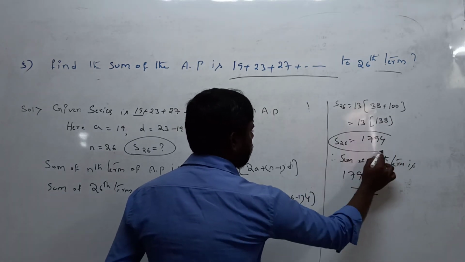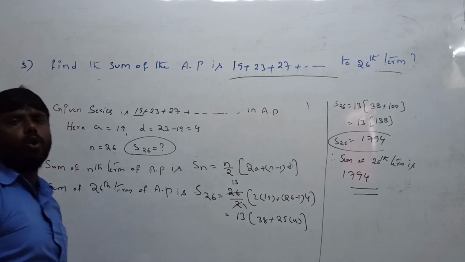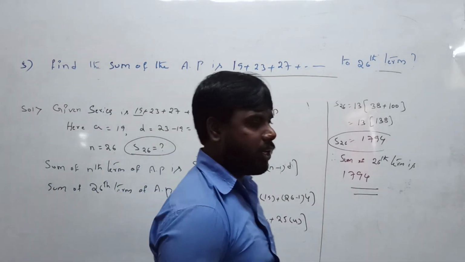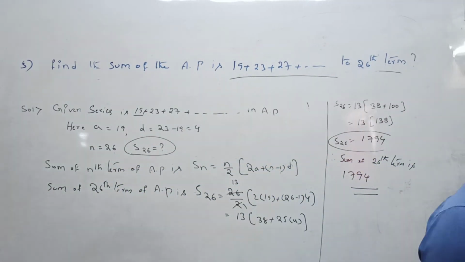Finally you got the answer: sum of 26th term value is 1794. This is the problem for the sum of the nth term of the arithmetic progression.